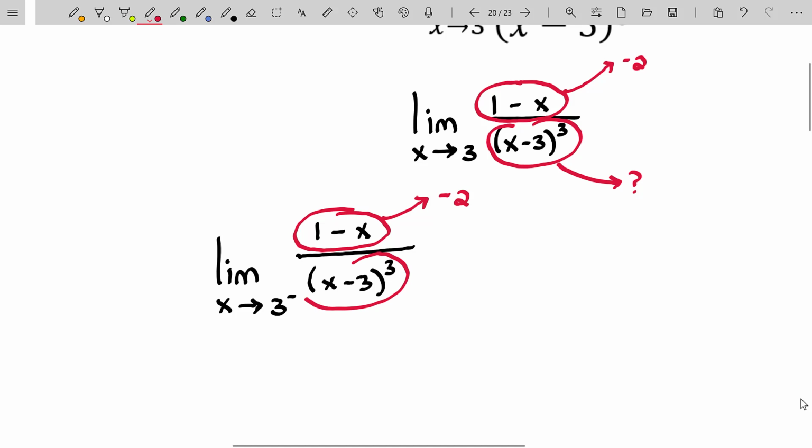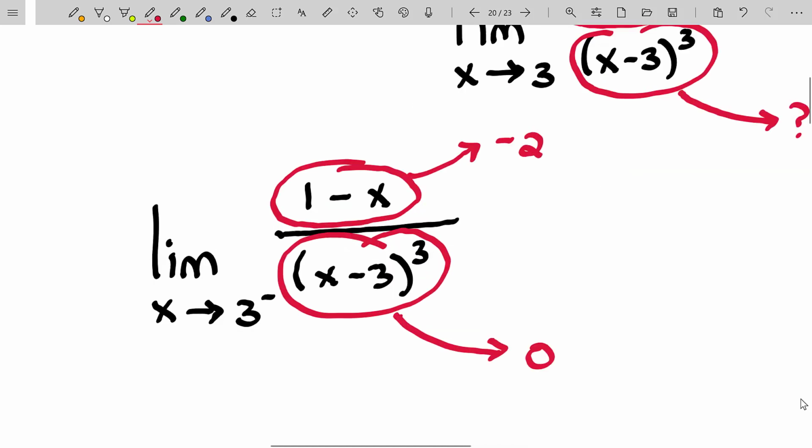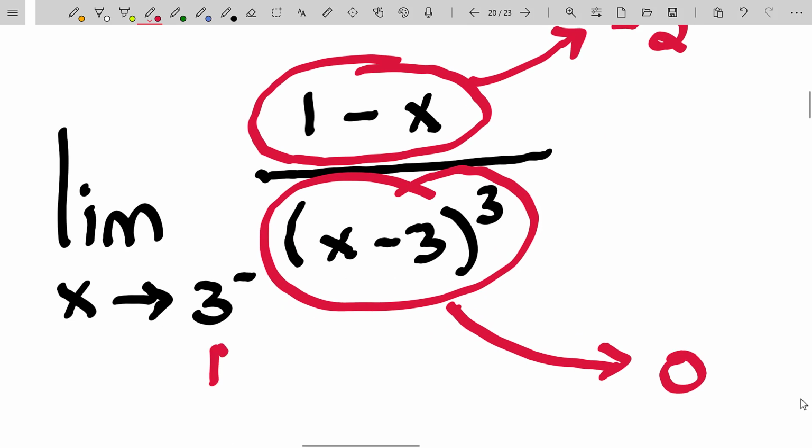The denominator, on the other hand, is approaching 0. However, think of a number that's slightly less than 3, like 2.9. Subtract 3 from that, and that's a negative number. It's near 0, but it's negative. And so we are then going to cube it, and it still will remain negative. So this is going to approach 0, but negative.